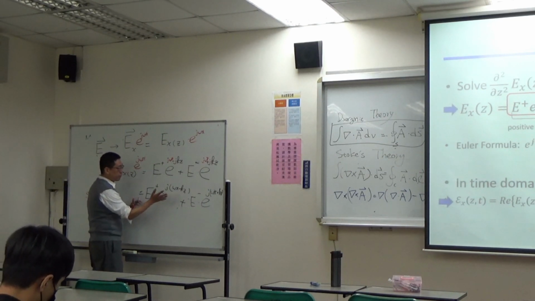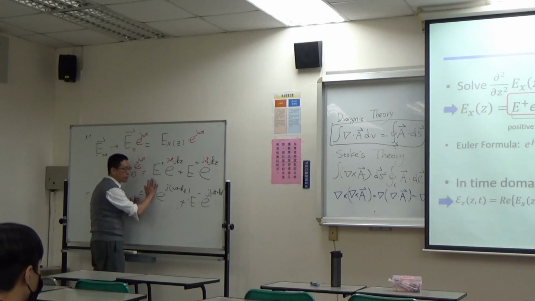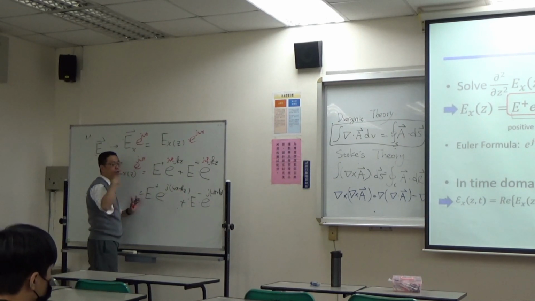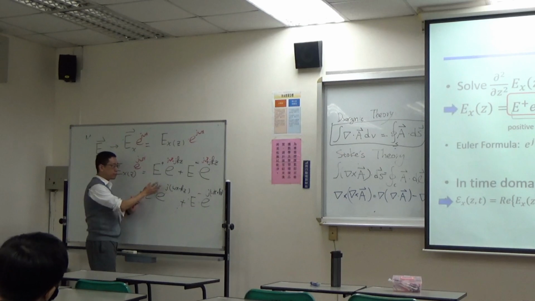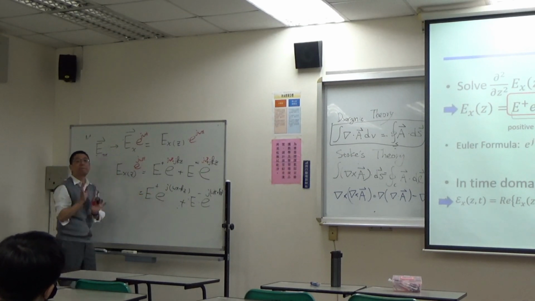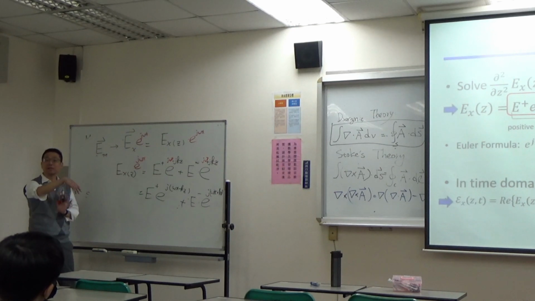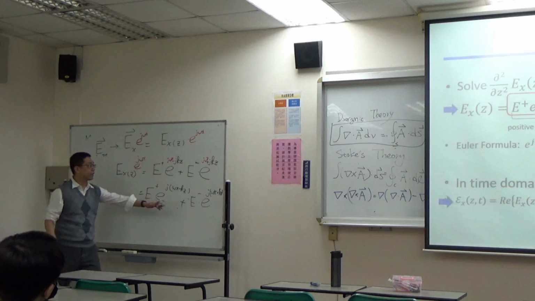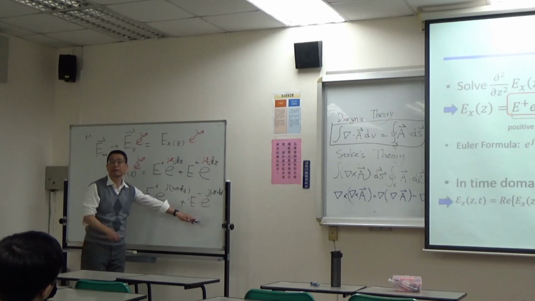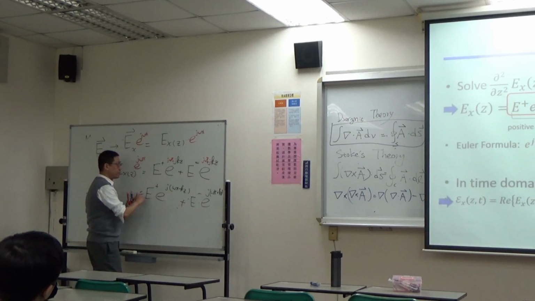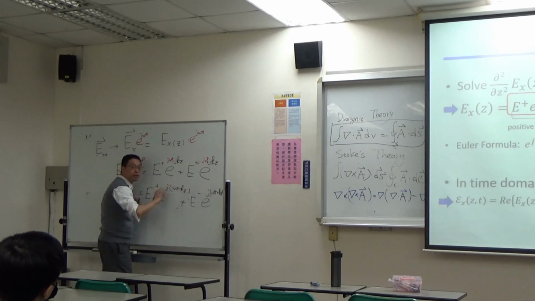You see, for this part, if you have some idea about what this looks like for the voltage, this is a positive wave to the positive z direction, and this is a negative wave to the negative z direction. For this term, you have two terms.